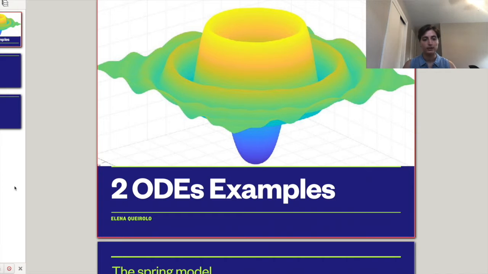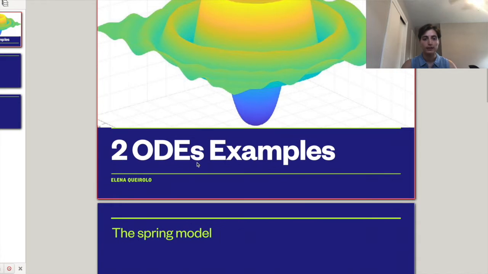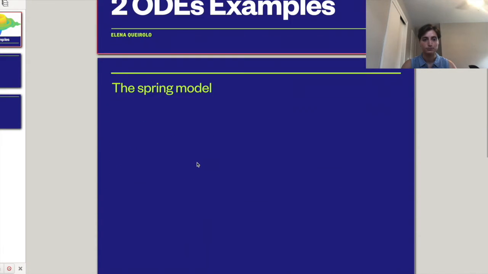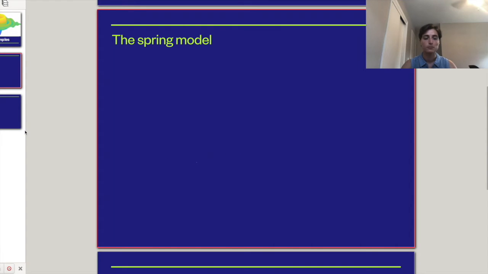And in this specific case, I'd like to go through two examples. First of all, I'd like this video to be on the spring model. So how does a spring work? Well, the very simplified version that we will look at is that we have a wall on which there is attached a spring, and at the end of the spring we put a weight, something with mass m.